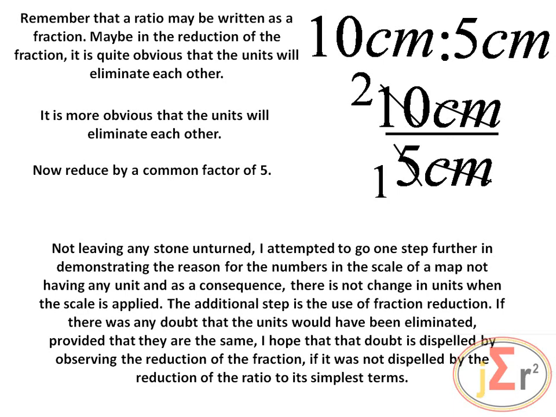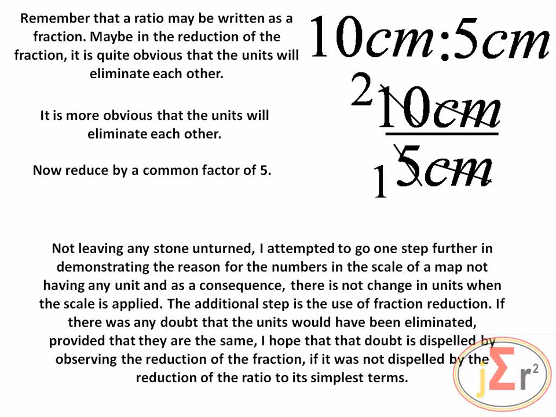The additional step is the use of fraction reduction. If there was any doubt that the units would have been eliminated provided that they are the same, I hope that doubt is dispelled by observing the reduction of the fraction, if it was not dispelled by the reduction of the ratio to its simplest terms.